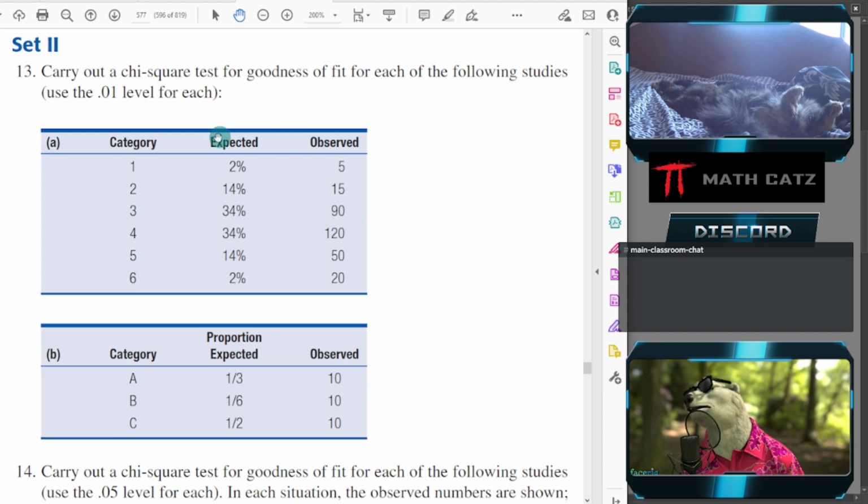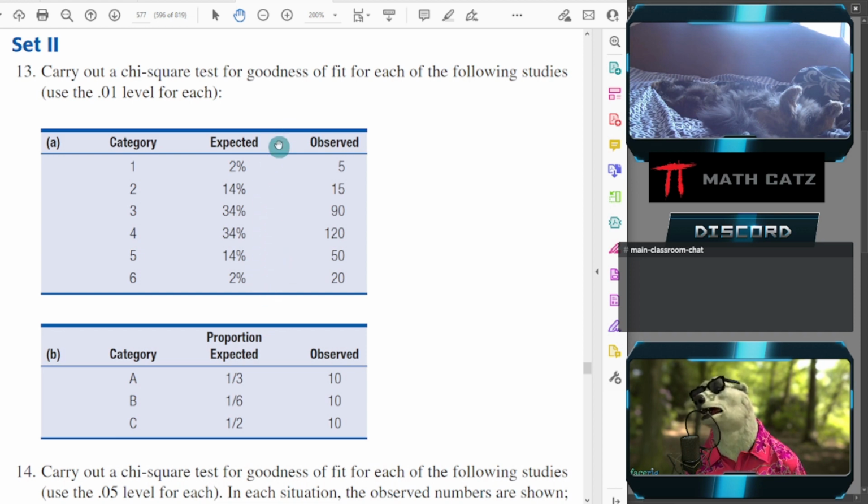And so we are observing some people, and we're seeing if according to these categories they are distributed the way we would expect.